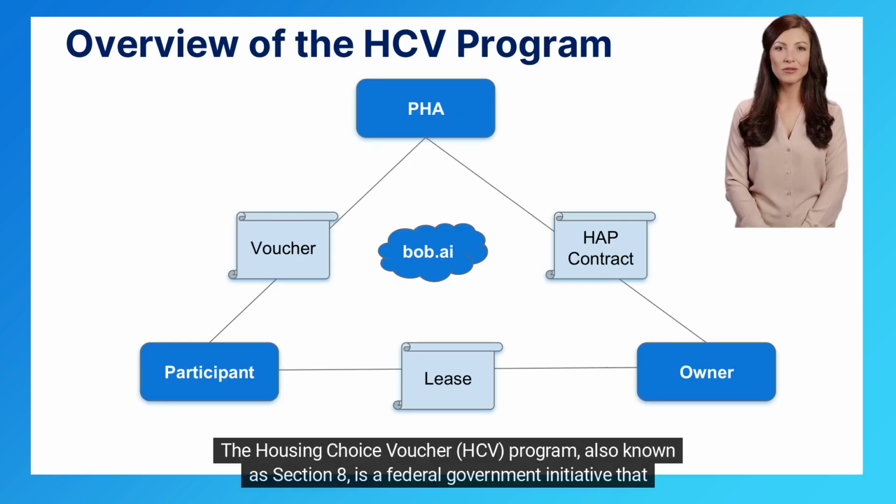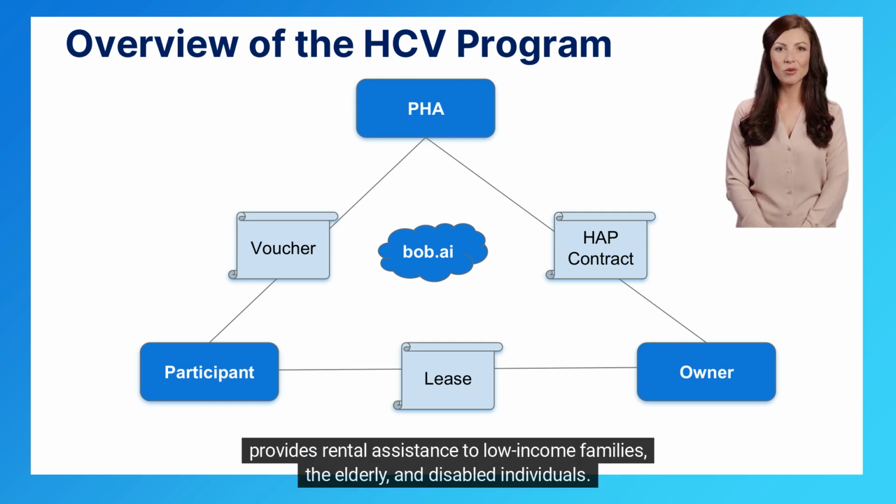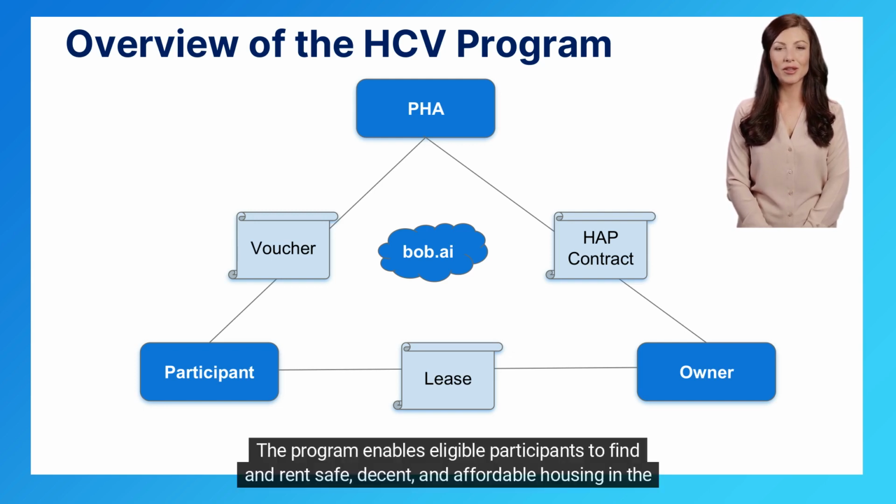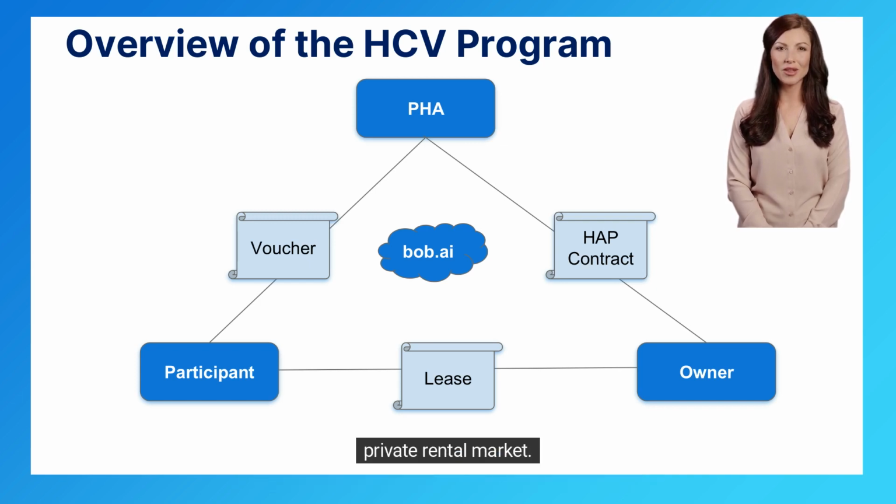The Housing Choice Voucher (HCV) program, also known as Section 8, is a federal government initiative that provides rental assistance to low-income families, the elderly, and disabled individuals. The program enables eligible participants to find and rent safe, decent, and affordable housing in the private rental market.